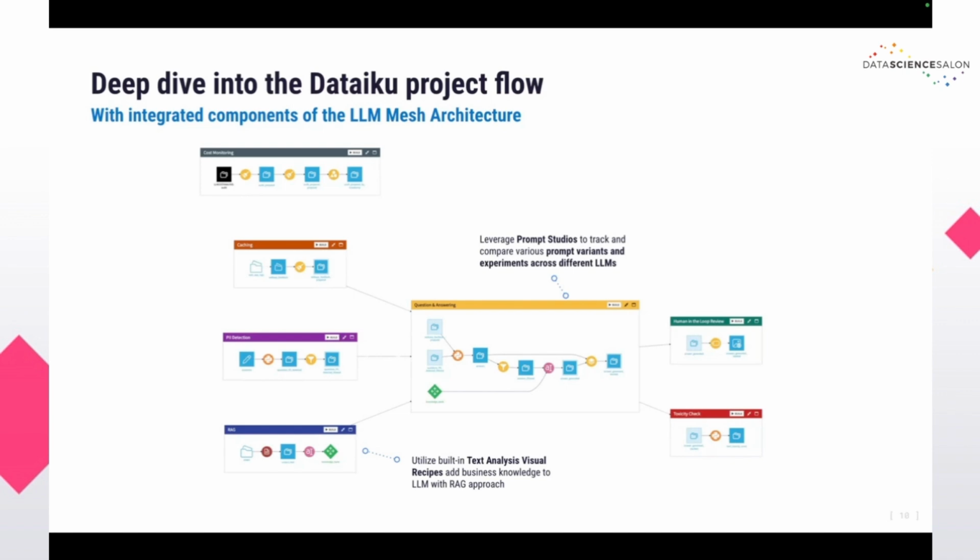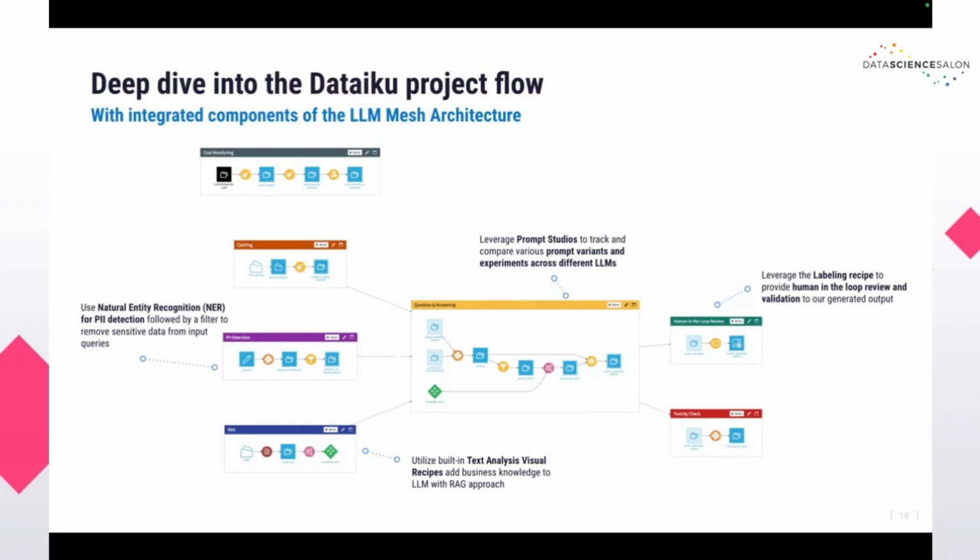We'll also show how we can leverage prompt studios to track and compare various prompts and experiments across different large language model providers. We'll show how we can leverage the labeling recipe to provide human-in-the-loop validation to our generated output to make sure that we're not sharing anything with our customers that we do not approve as an organization first.